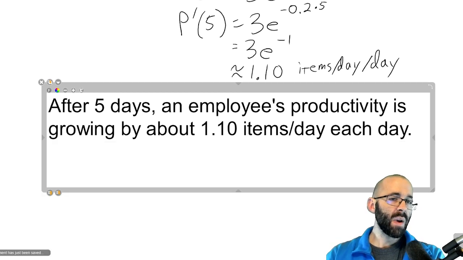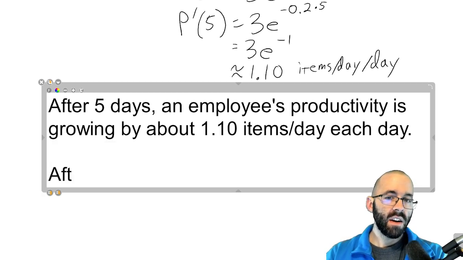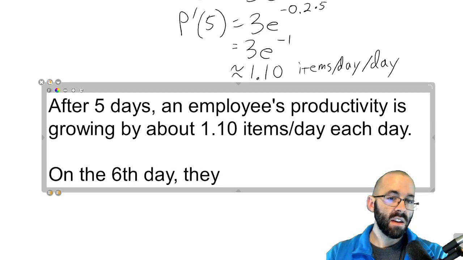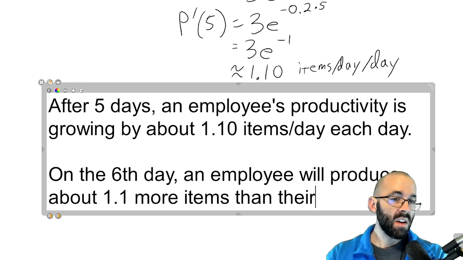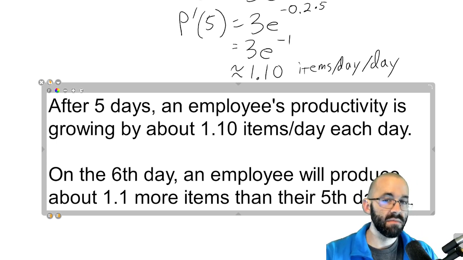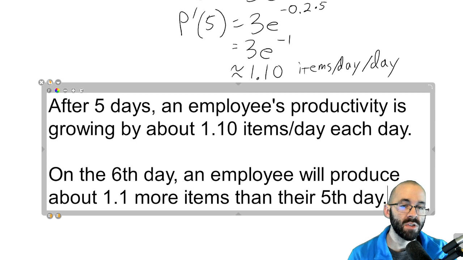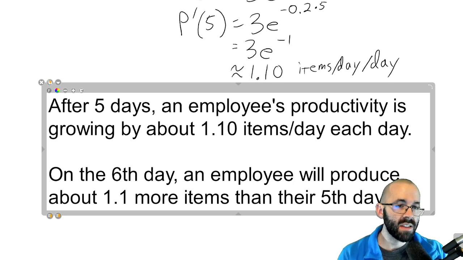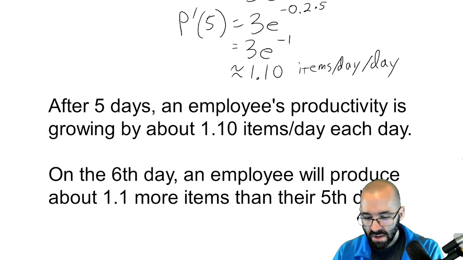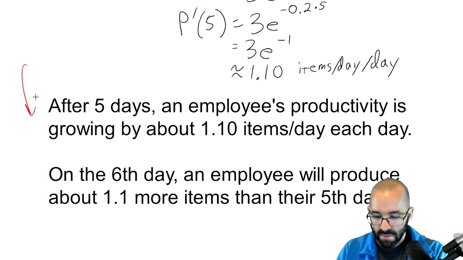Another way of thinking about it is on the 6th day, an employee will produce about 1.1 more items than on their 5th day. 2 ways of thinking about marginal productivity, very closely related to marginal cost. Okay, it's how is the productivity changing over time? All right, I will accept either one. Either is good.